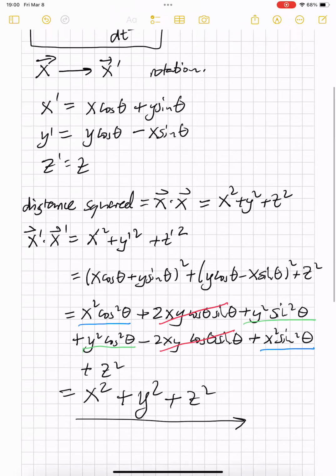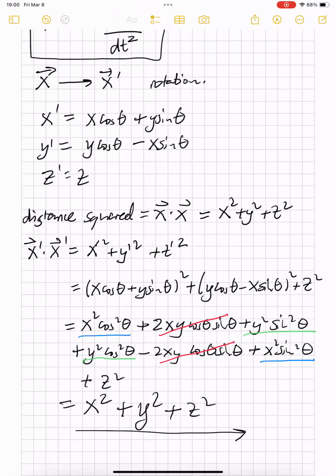Now, rotations are a symmetry of classical mechanics. So we can see that we've managed to make the symmetry manifest by writing our equations in terms of vectors. And we've seen that something like the dot product between two vectors is actually invariant under rotations.